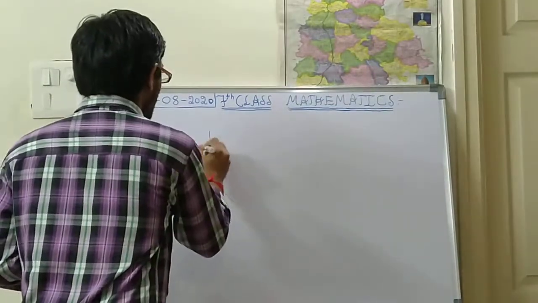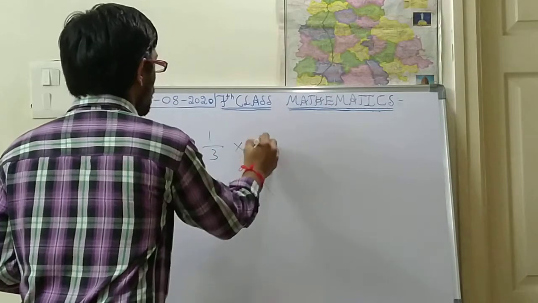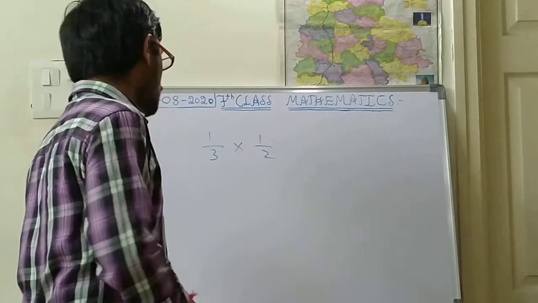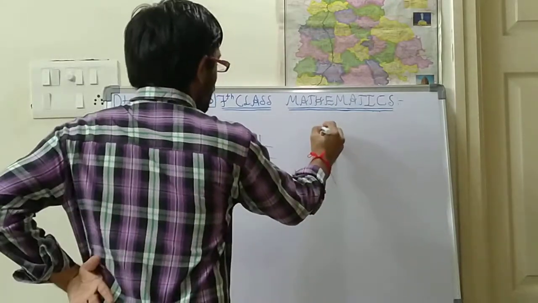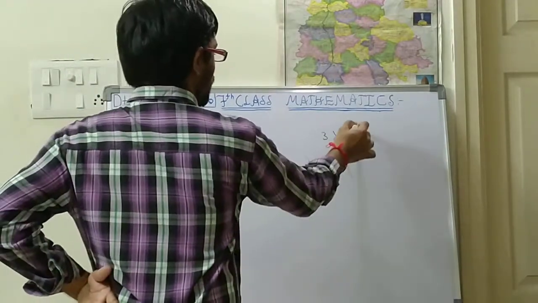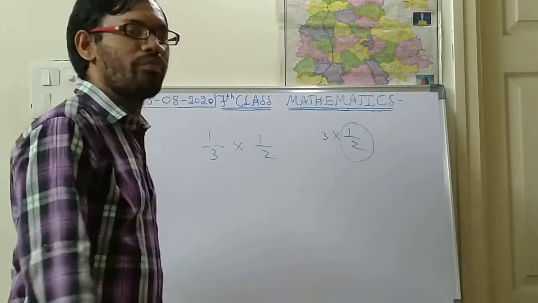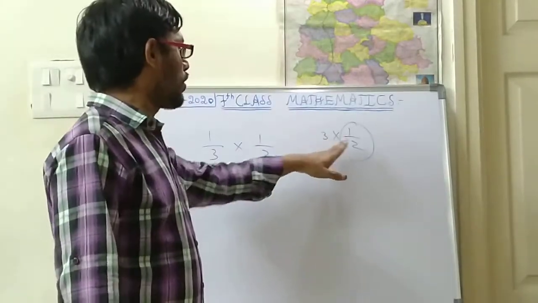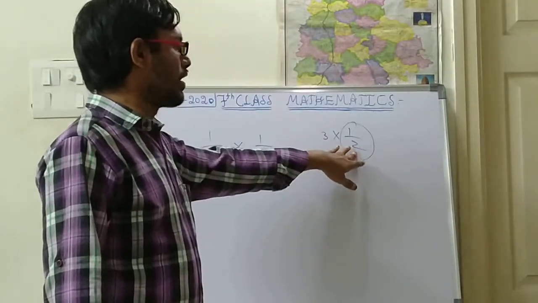Suppose I am doing 1 by 3 into 1 by 2. In the previous class we saw 3 into 1 by 2, so 3 times a half part, which means we are adding 3 times.